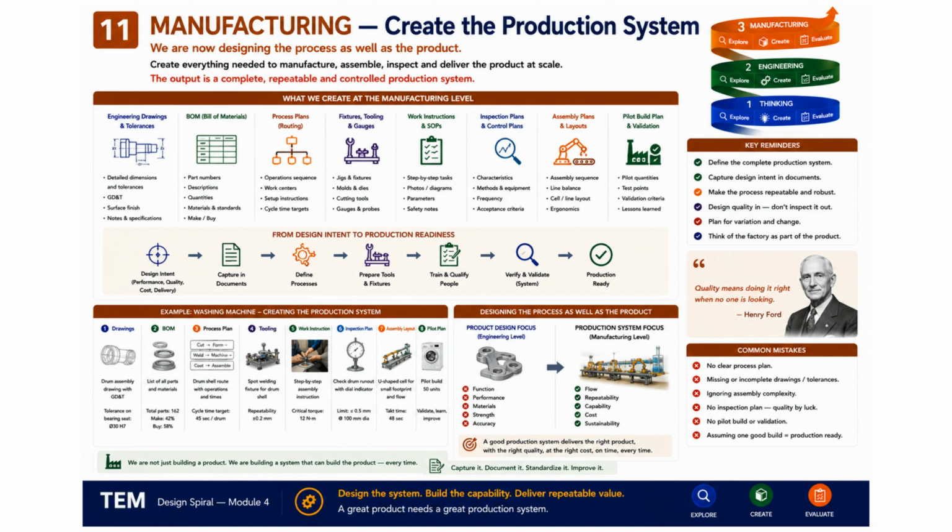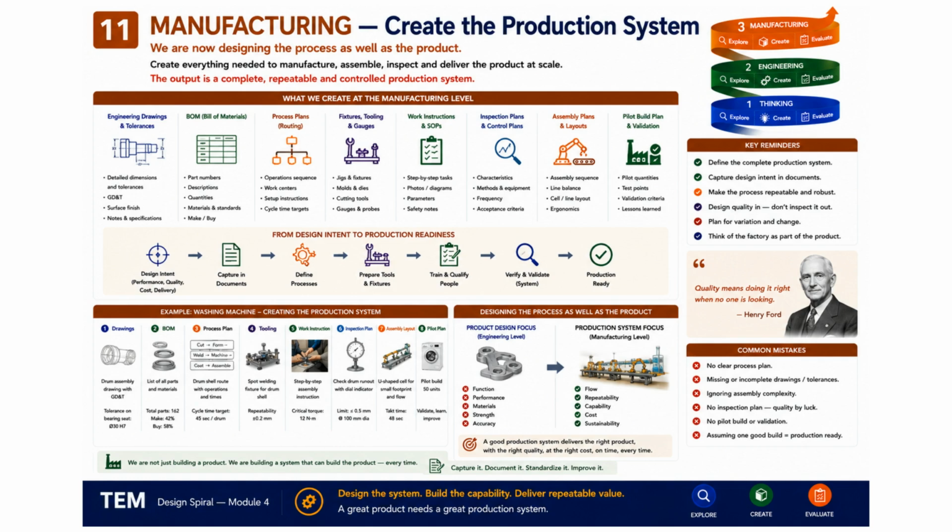The same thinking applies to assembly. We define the sequence of operations, tools, tightening requirements, inspection points, safety procedures, and acceptance criteria. We may then create a pilot production plan so that the entire manufacturing system can be tested before full-scale production. This is a major transition. A successful engineering prototype demonstrates that we can build the product.